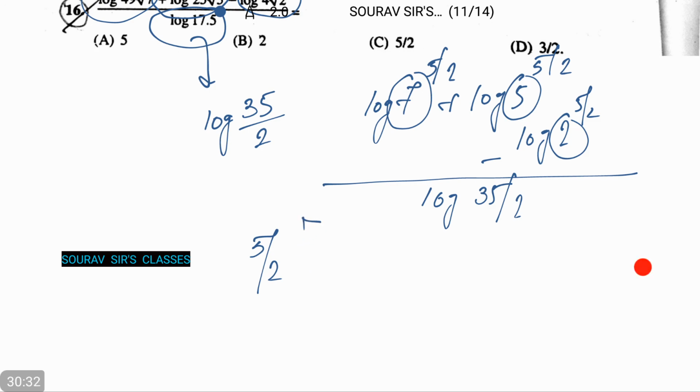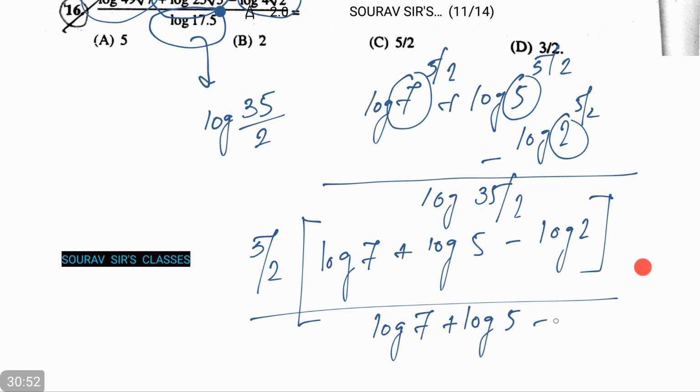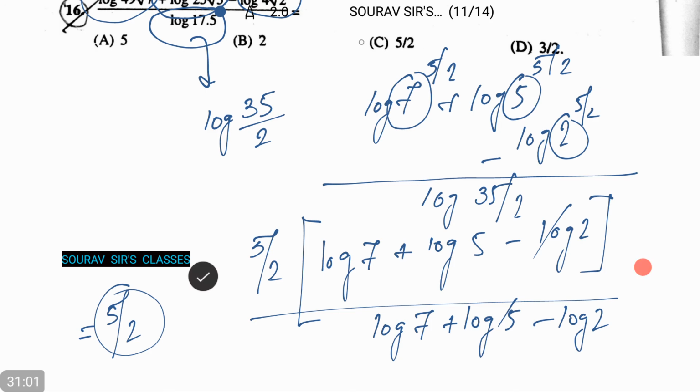So we have 5 by 2 times log 7 plus log 5 minus log 2, by log 7 plus log 5 minus log 2. These two will cancel out and we are left with 5 by 2, which is your answer. And the answer is C.